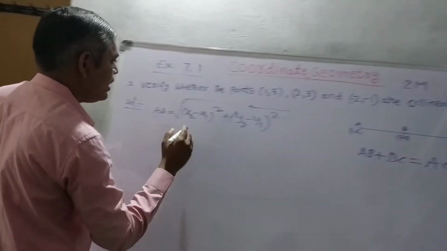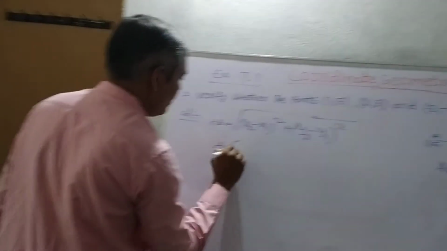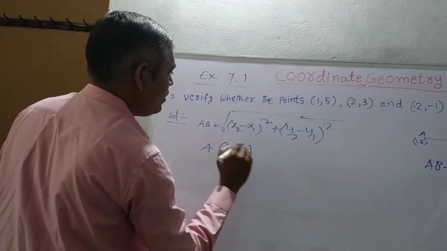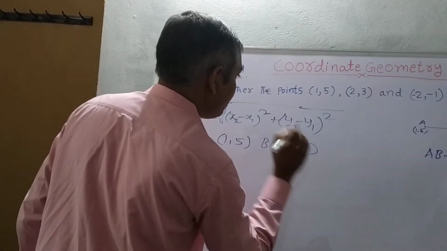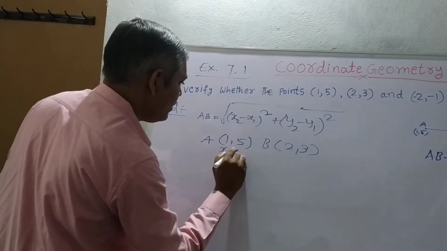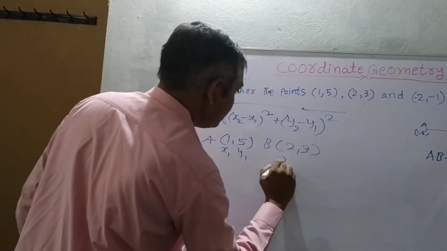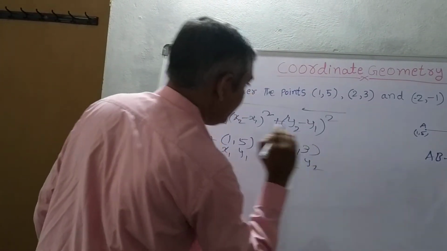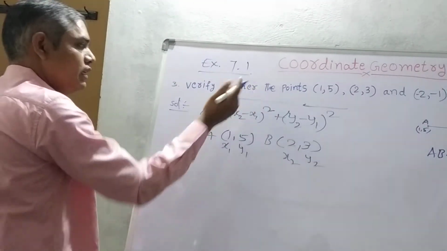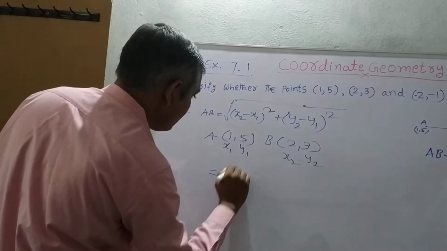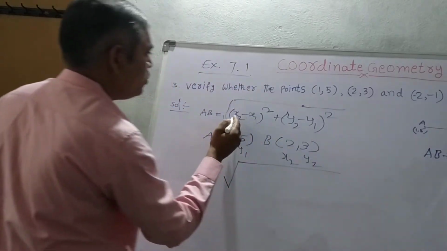The given points are A 1, 5, B 2, 3. This is x1, y1. This is x2, y2. Now substitute the values in the above formula.